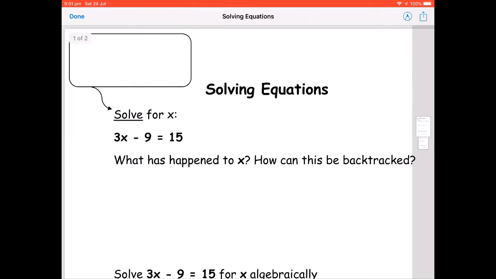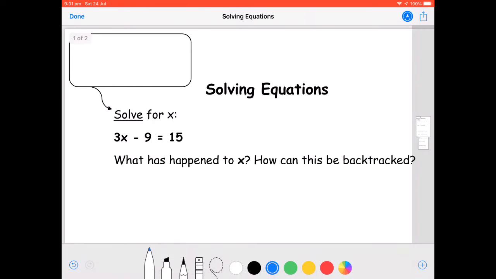So when we say solve, what do we mean? Essentially, when we're saying solve for x, like we are here, we're being asked to find a value for x. So we need to work out what this x value must be in order for this whole equation to make sense.